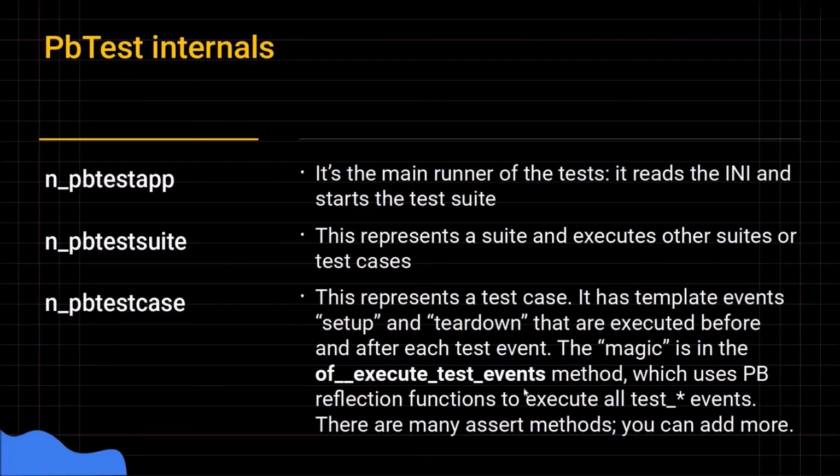Okay, so if you want to modify, to look inside the internals of PbTest, this is the most important function, because it uses PB reflection to find all the test events and execute them. And there are many assert methods, not so many, but just a bit, and you can add more. Okay, so this is one place where you can improve the tool.